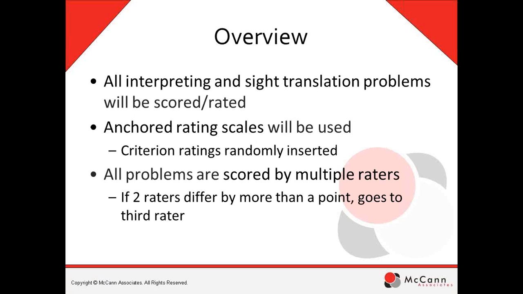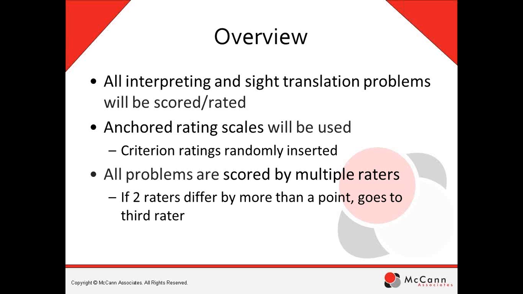And getting right into things. Overview. In the CA examinations, all interpretation and site translation problems are scored. In this test, we utilize anchored rating scales with specific quality of response associated with each score point rated by each rater.